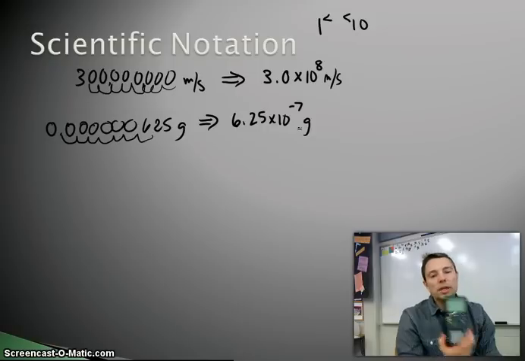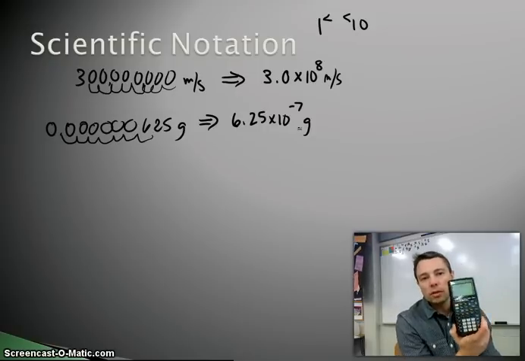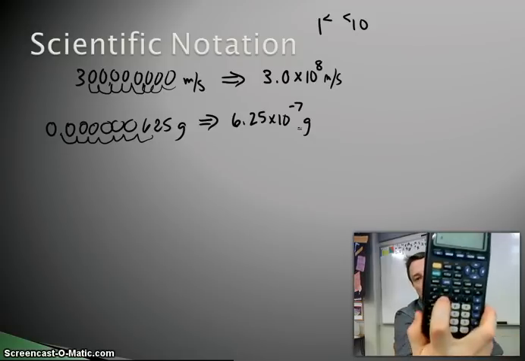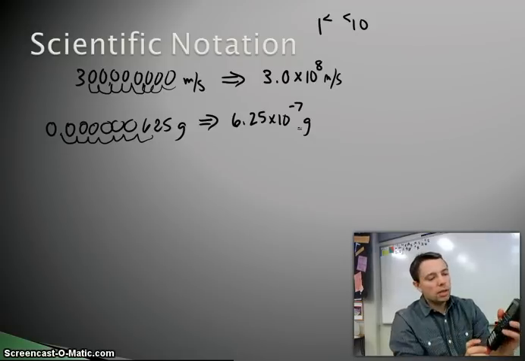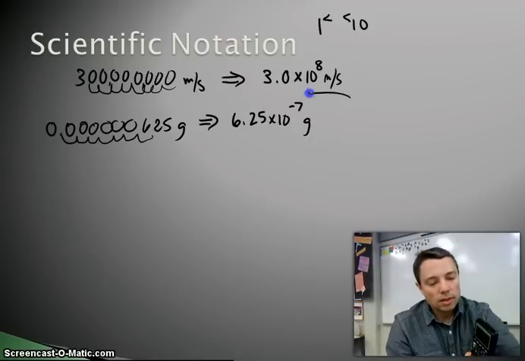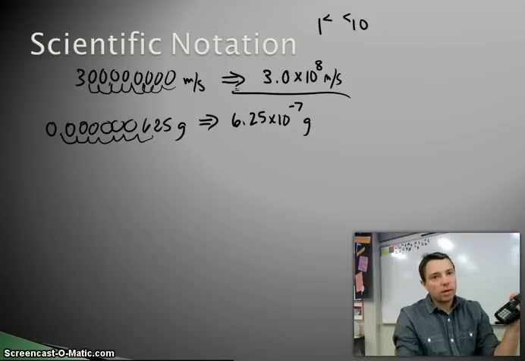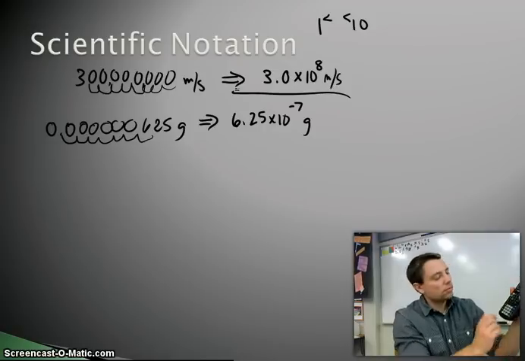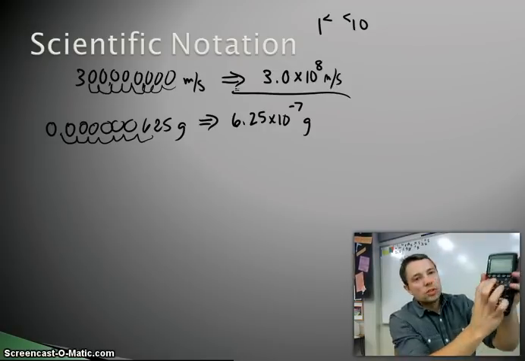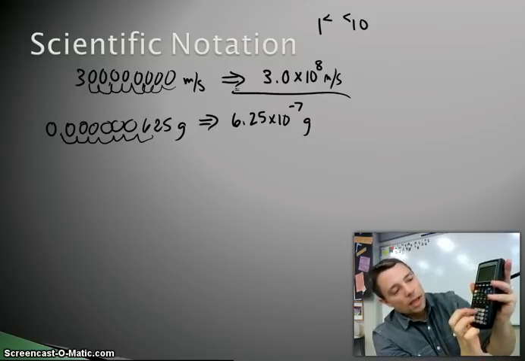Now when I use this on my calculator, our calculators have a built-in key for this, and it's this one right here. It's the EE key. So say I want to take these two numbers and divide them. I'm going to take the meters per second divided by grams. I don't know why, but I just figure I'll do that. So I'm going to take 3, and then I'm going to do second EE 8.